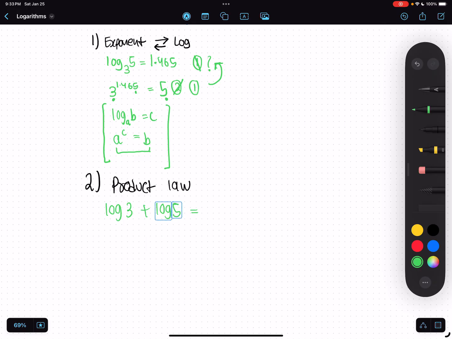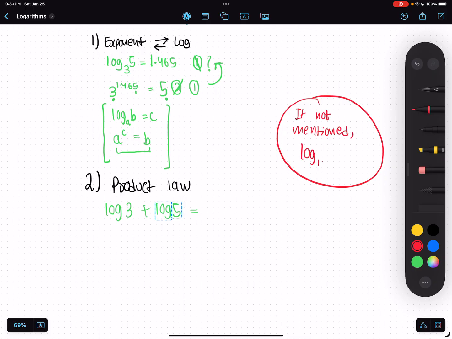This is because if it's not written, that means that the bases are the same or they're going to be 10. So usually I'll write this as a key point over here. If not mentioned or explicitly written, it is by default going to be log with the base of 10. The base will be 10. So that's just some information for you.